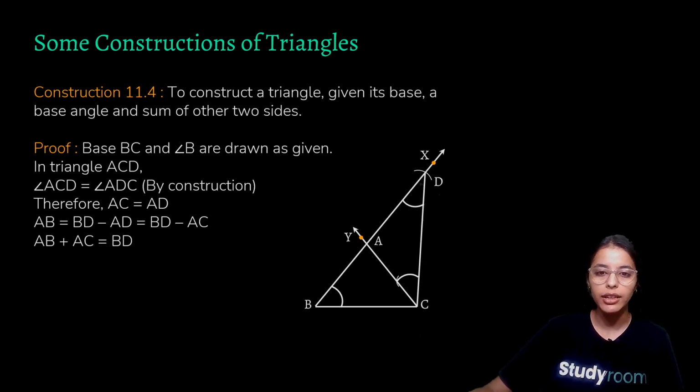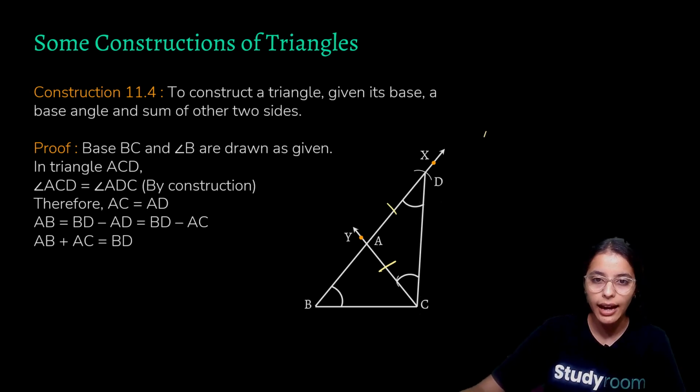In this diagram, we know that our angle ACD is equal to angle ADC, since we have constructed it that way itself, so these two angles are the same. That means this side and this side are equal, because sides opposite equal angles in a triangle are equal.